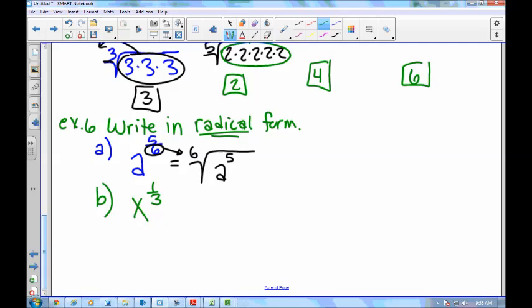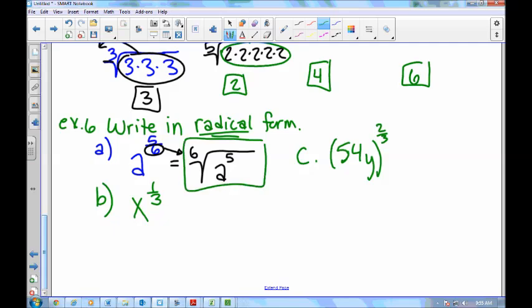Okay, and the last one is, in parentheses, a challenge. Let's see if you can figure it out. Okay, try both of those.